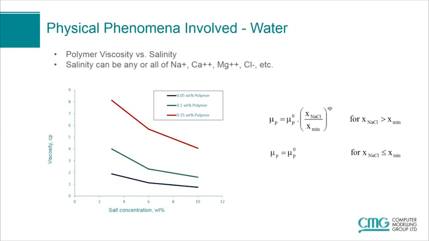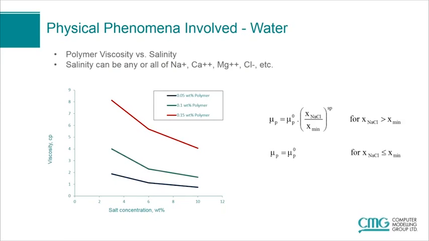And then what the simulator will do is it will calculate this XNaCl, the salt concentration at any particular grid block. So each grid block is going to have a different salt concentration. It'll have a different polymer concentration based on this salinity. Now, there's also the injected salinity as well.